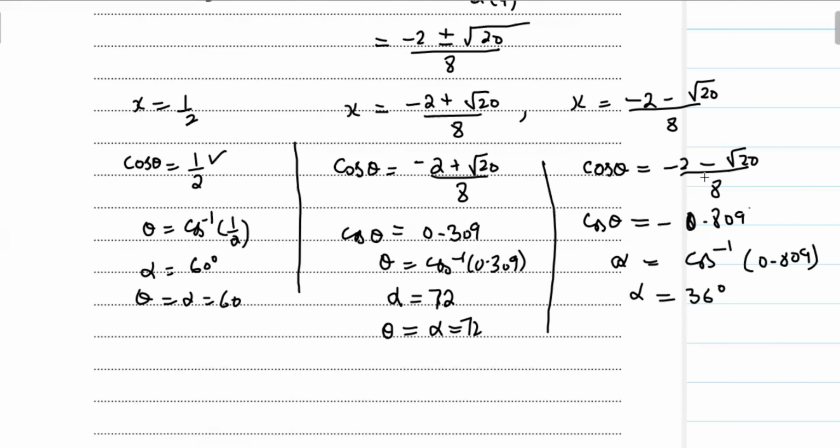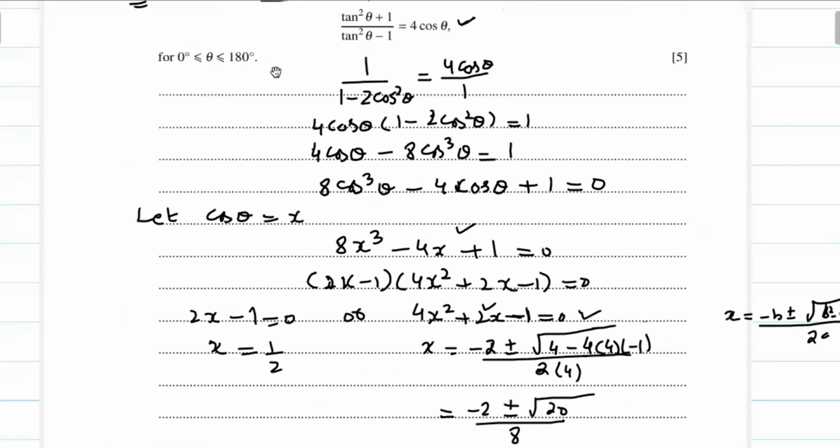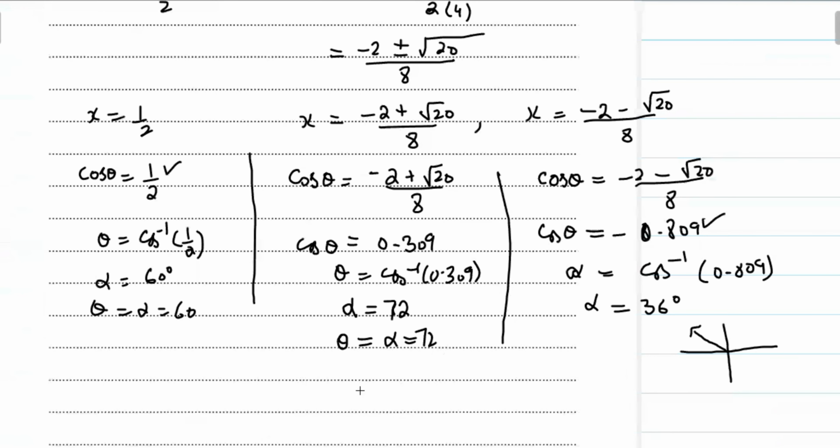You see here this value is negative. Therefore, the cos is negative in the second quadrant and the third quadrant, but the range here is given, theta range is 0 to 180. Therefore, we take the second quadrant. This is alpha and this is theta.